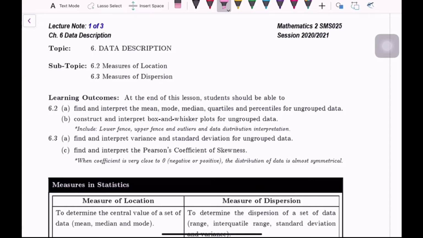At the end of this lesson, students should be able to find and interpret the mean, mode, median, quartiles, and percentiles for ungrouped data, to construct and interpret the box and whisker plot for ungrouped data, to find and interpret the variance and standard deviation for ungrouped data, to find and interpret the Pearson coefficients of skewness.